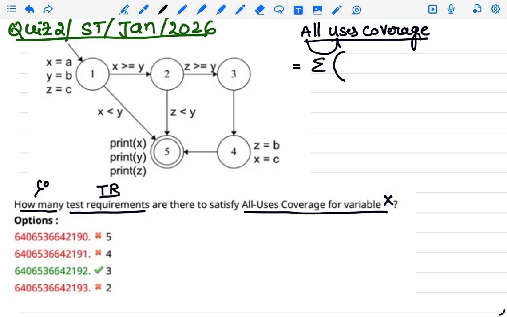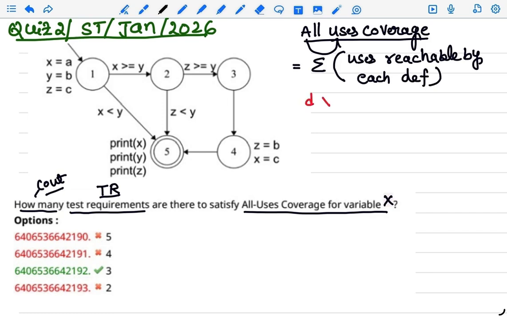How many means count, that is we are adding the sigma count, the sum of the uses reachable by each definition. So each definition, that is the definition of the variable x.